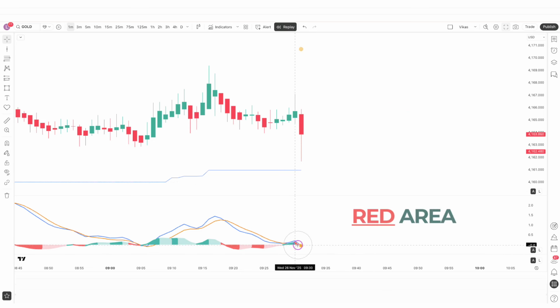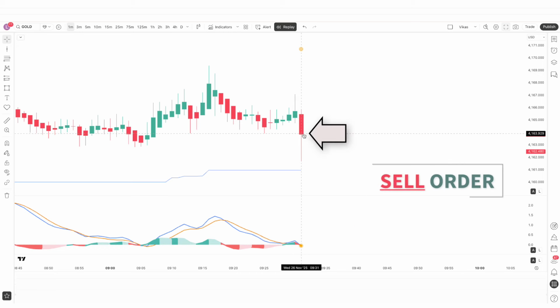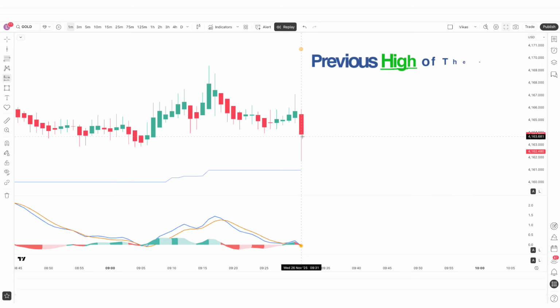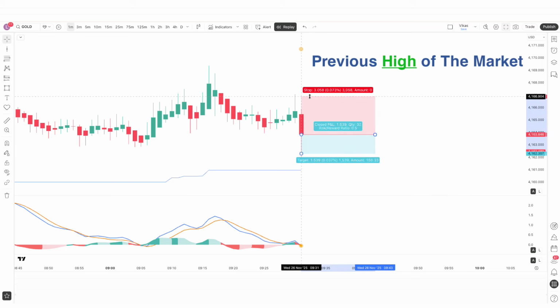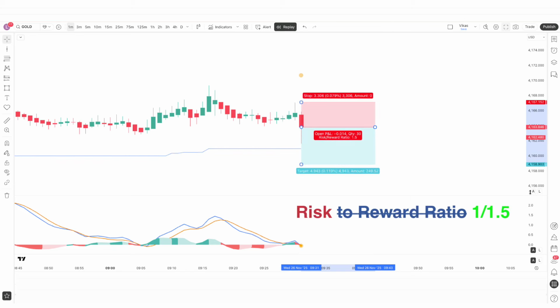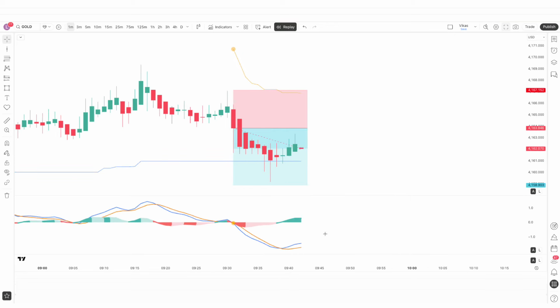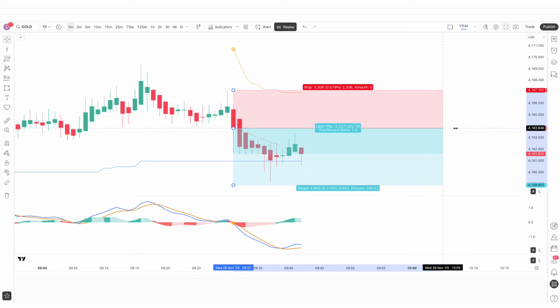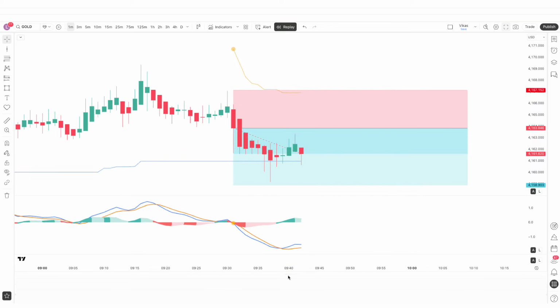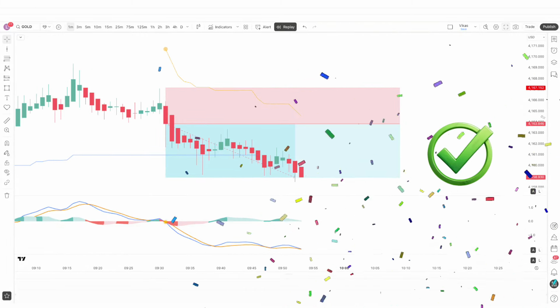When the MACD Holt-Winters shows the red area, and when the market forms a bearish candle, if this condition is fulfilled, then we will place a sell order. Our stop loss is to be placed at the previous high of the market, and the risk to reward ratio will be 1:1.5. The market has completely hit the target.